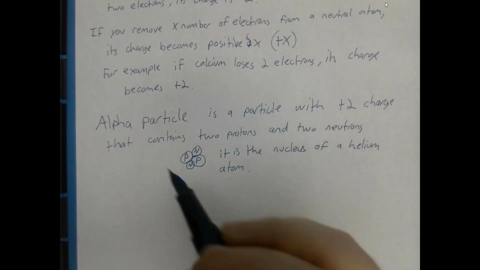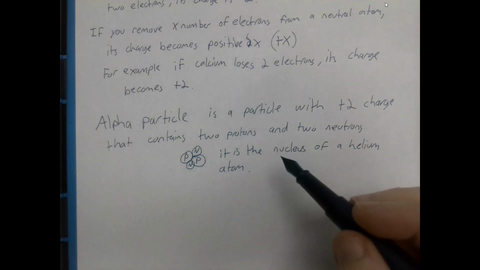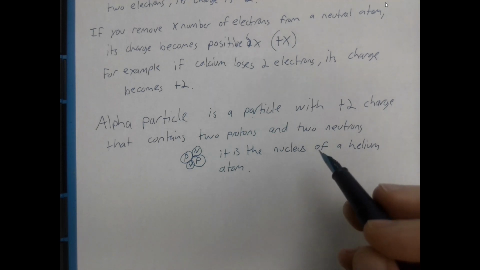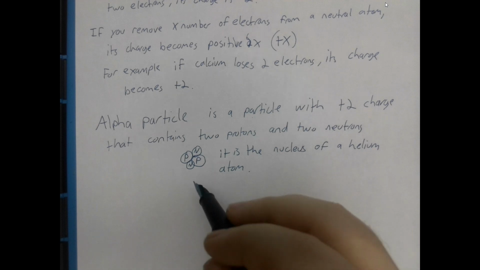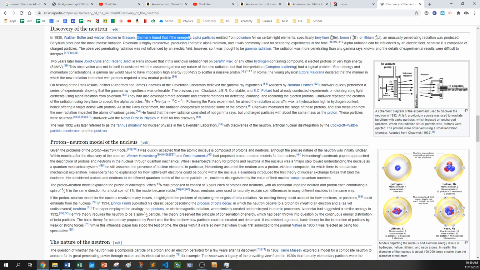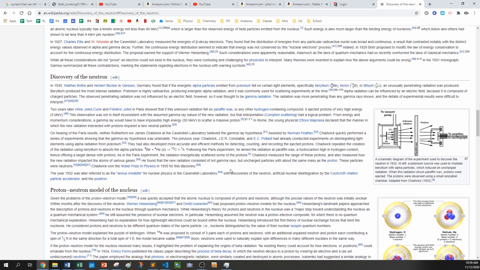But an alpha particle is just a helium atom that's been stripped of its electrons. Or we thought it was its own particle. It didn't act like normal atoms because it was just a nucleus.